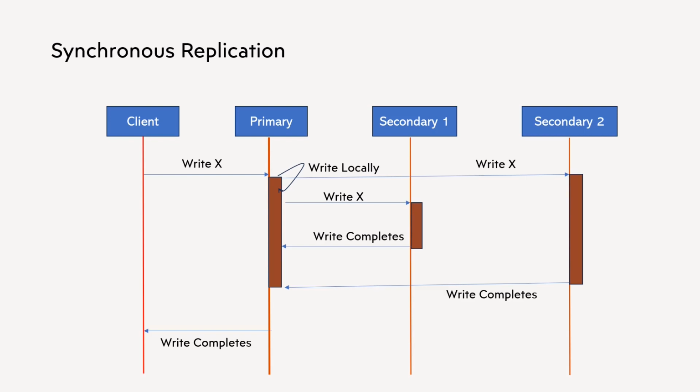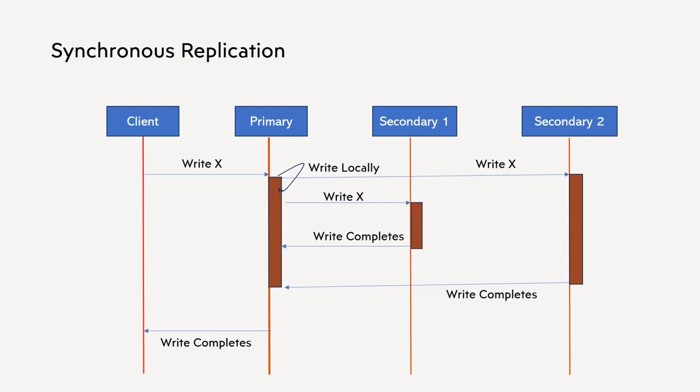So what is happening here? The first step is that the primary node updates its local storage, then it sends that request to all the secondary nodes. Client will wait more, because if you have multiple secondary nodes, it might take more time.